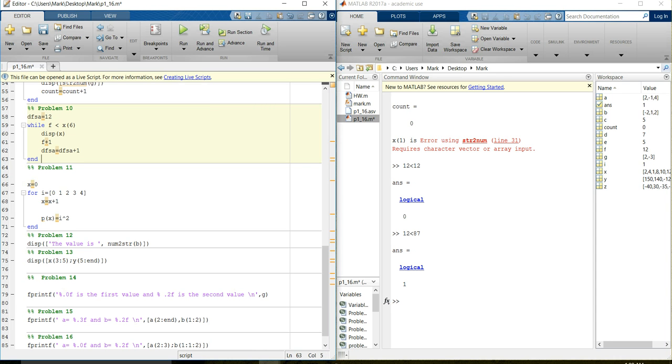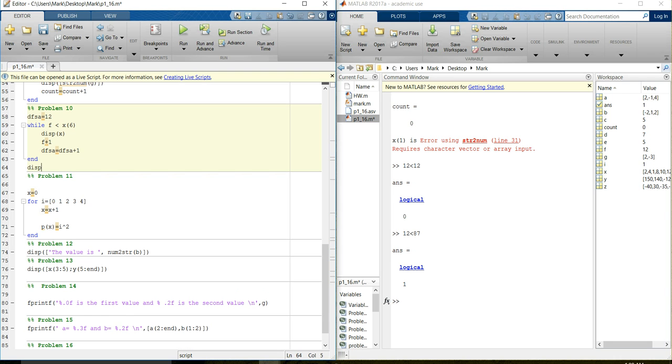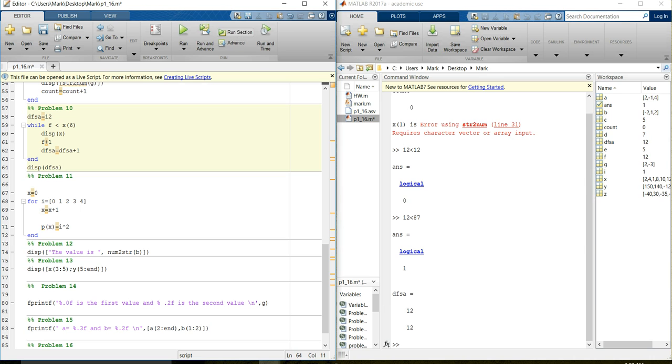And then afterwards, please display DFSA. Here you'll see that it's equal to 12, and we should just get 12, 12 popping out. And we do, which means that this loop didn't execute at all.